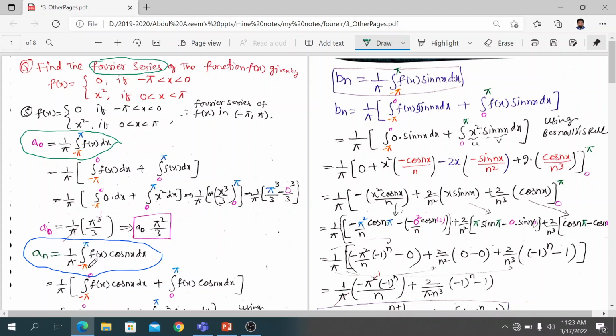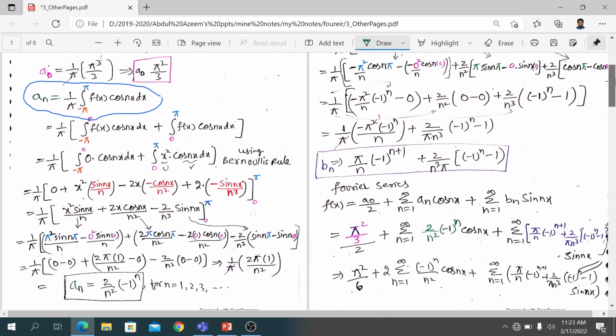Now substitute the values. From minus pi to 0 f of x is 0, cos nx as it is. From 0 to pi f of x is x square cos nx dx. So 0 into something, everything will be 0, plus.